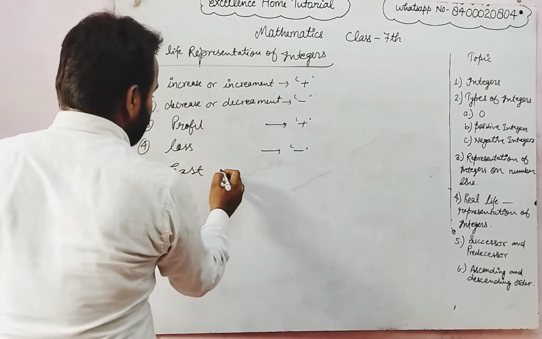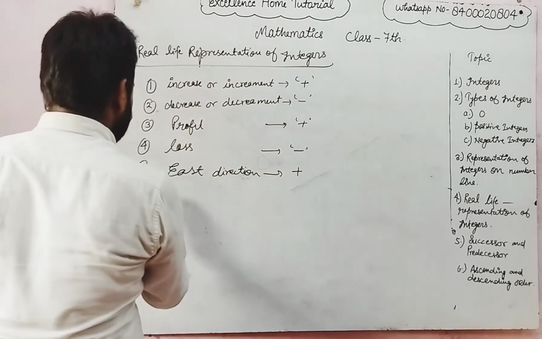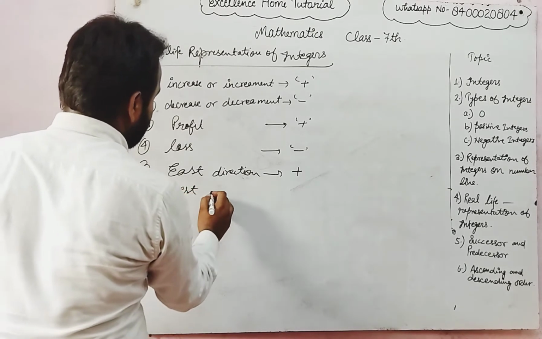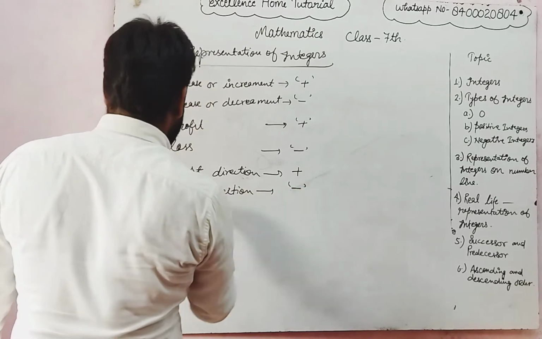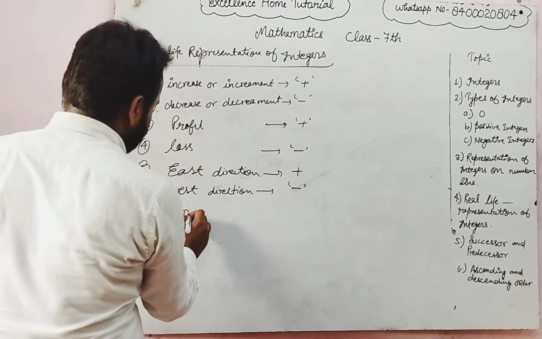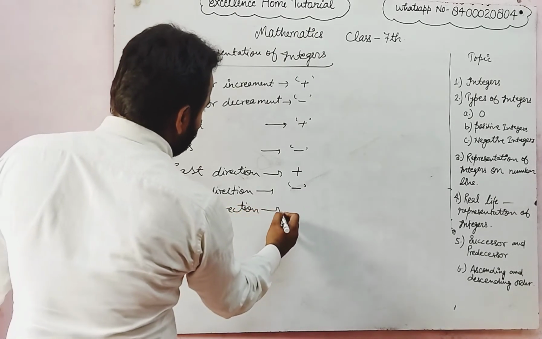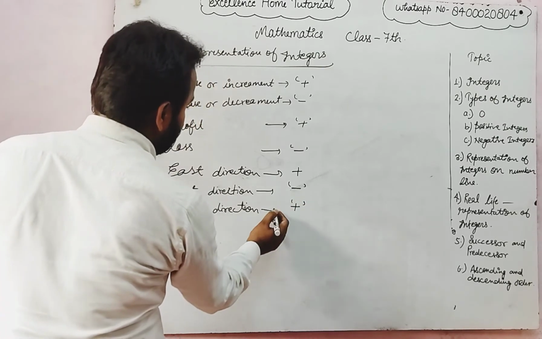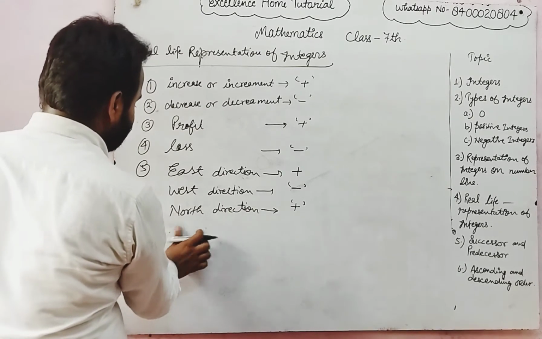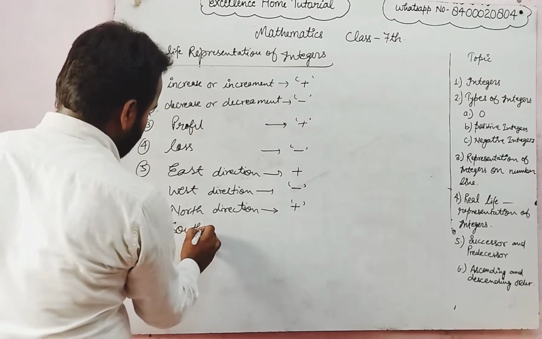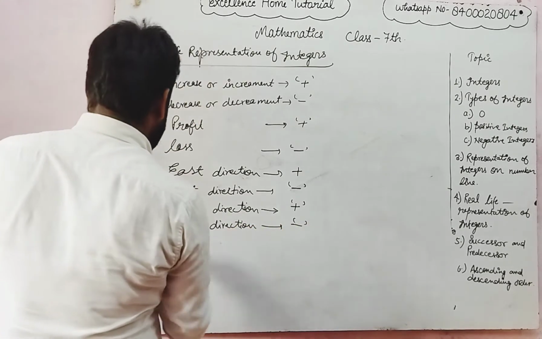east direction is represented by plus sign, west direction is represented by minus sign, north direction is represented by plus sign, south direction is represented by minus sign.